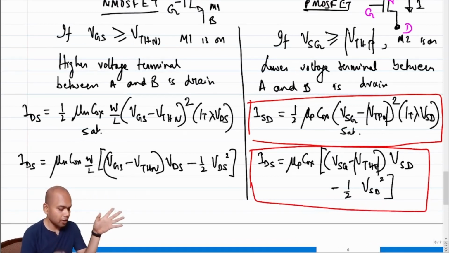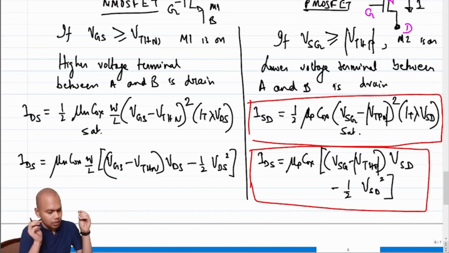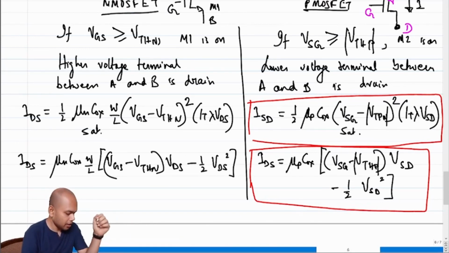Okay, this is just to make our life easy, and we don't want to learn the current equations all over again for the PMOS, given that we have put in so much effort in understanding the operation of an NMOS. So essentially, if we know how an NMOS works and what the NMOS current equation is, we also know how the p-MOSFET will work, and we also know the p-MOSFET current equation, just that we have to flip the terminals.